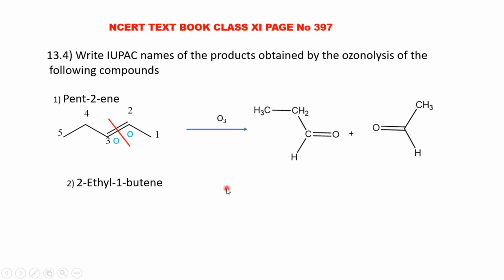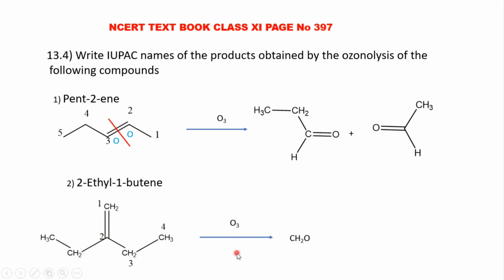Let us look at the other compound, 2-ethyl 1-butene. So this is 1, 2, 3, and 4. At the second position, we have the substituent ethyl group, that is 2-ethyl 1-butene. So on ozonolysis, what will we get?